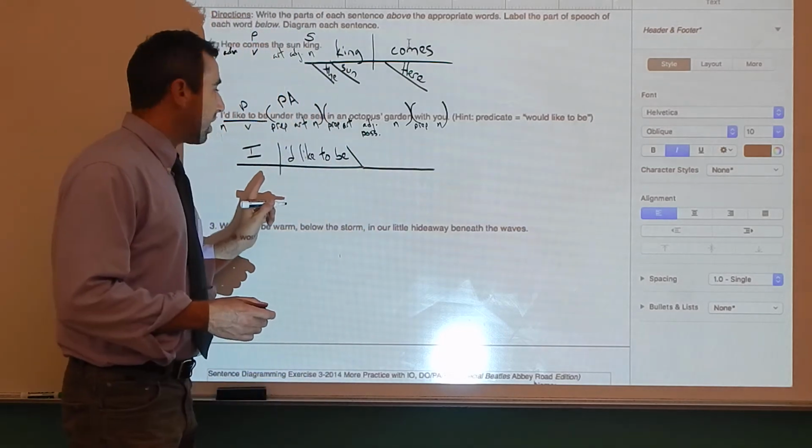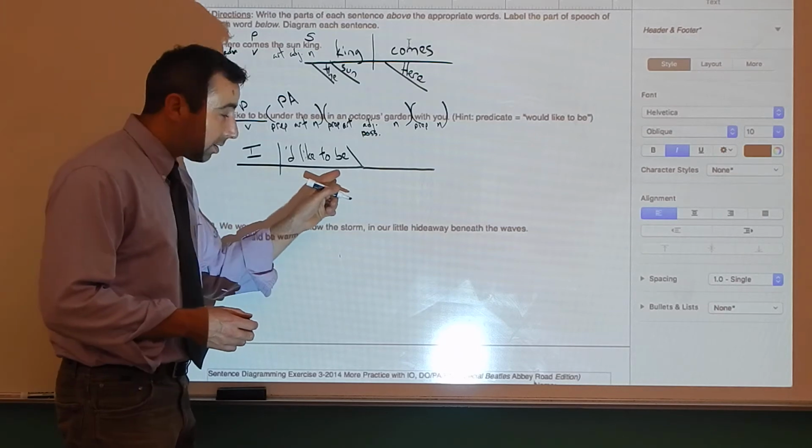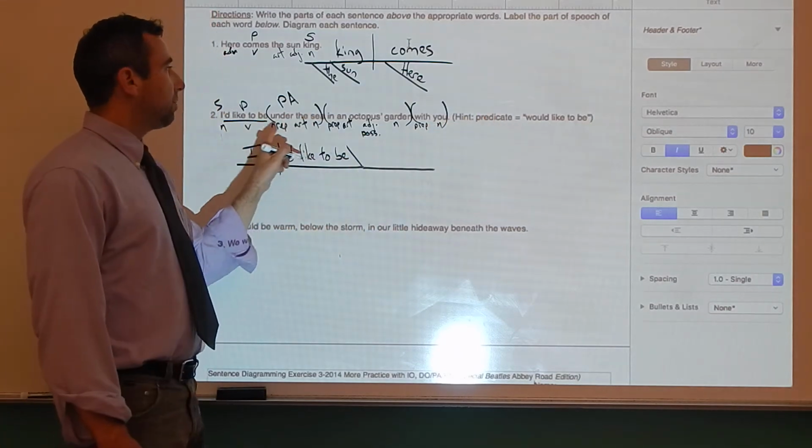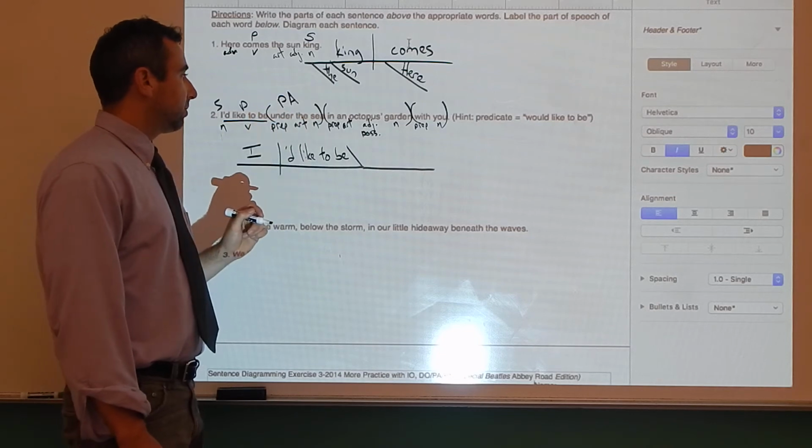Okay, here's our subject and predicate, I, and would like to be. That's the predicate. Now, here we have a prepositional phrase as a predicate adjective.